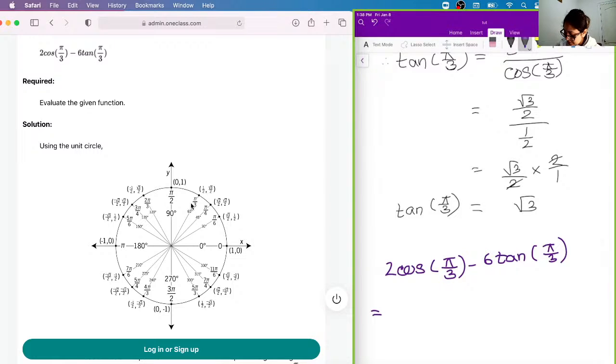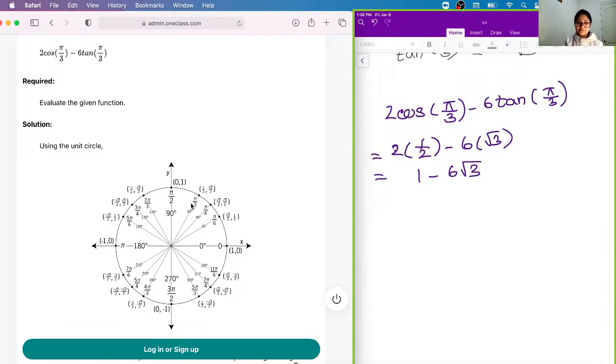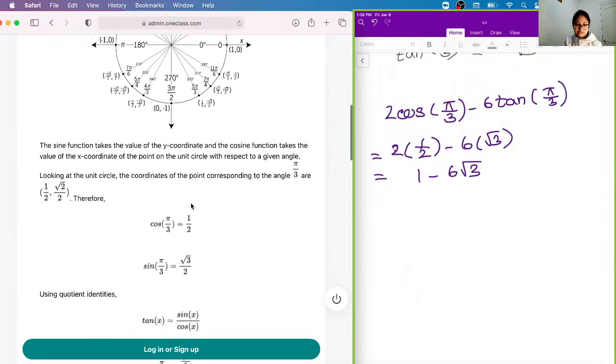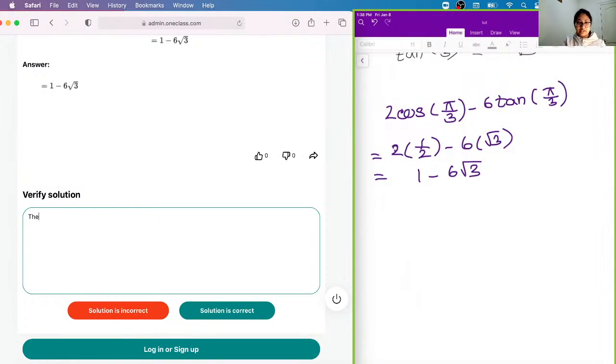So cos of pi over 3 is a half, times 2, minus 6 times tan of pi over 3, which is root 3. Once you do the math, you basically get 1 minus 6 root 3. And so this is your answer, 1 minus 6 root 3. So this is the solution.